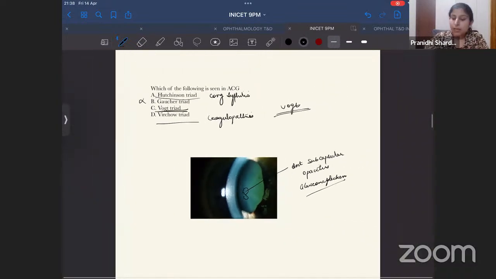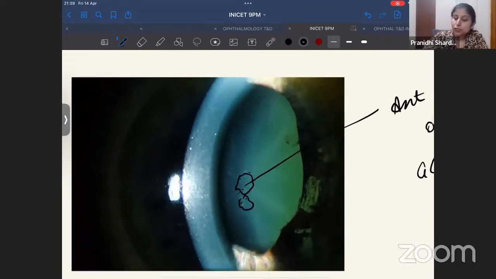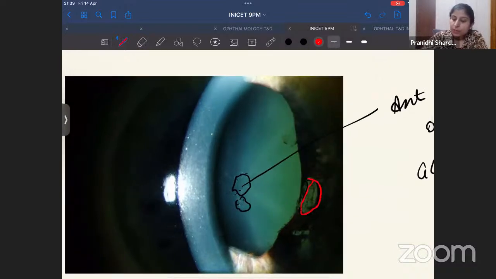Other things happening due to ischemia: iris atrophy is present because of the ischemia. There is loss of pigment from the iris tissue causing iris atrophy.